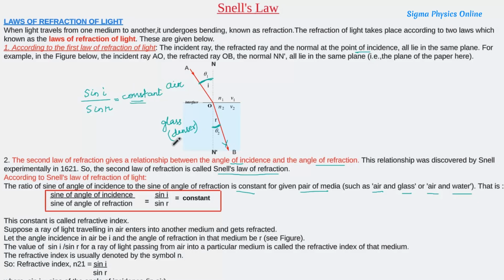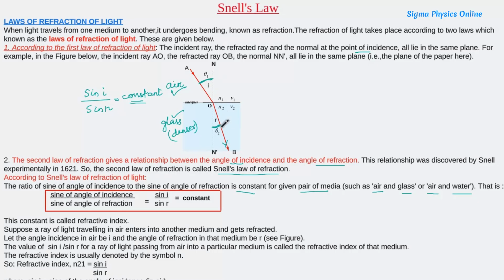And this constant value will remain the same for this air and glass pair of media irrespective of the angle of incidence. That is, for this pair of media, air and glass, if light is incident at any angle at the interface, then the sine of this angle of incidence will give a particular value.